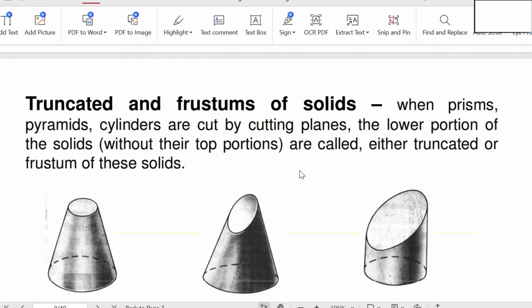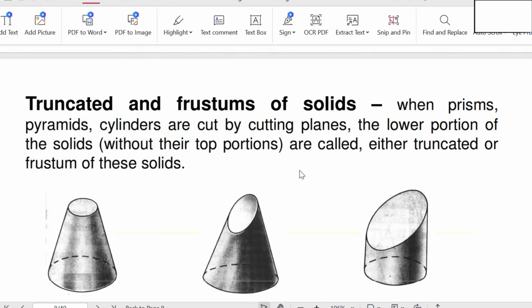The solid is sectioned or cut by a sectional plane. The cutting is parallel to the base. That means the section plane is parallel to the base. Then, removing the top face, the remaining portion is known as frustum of solids.